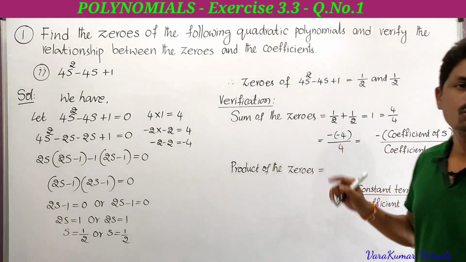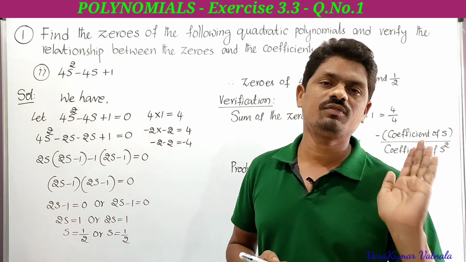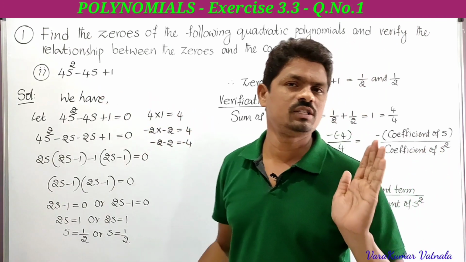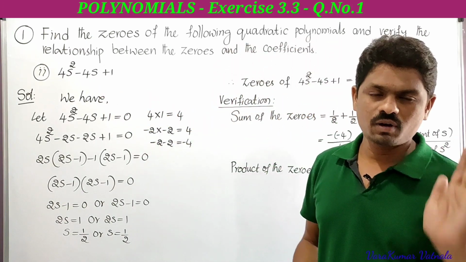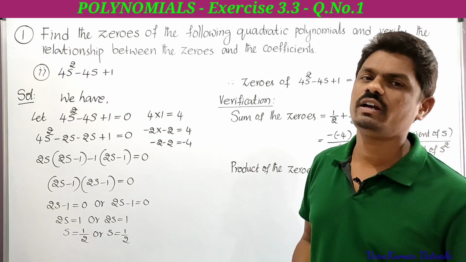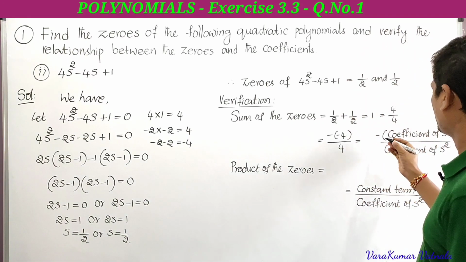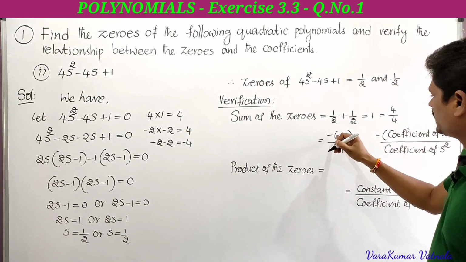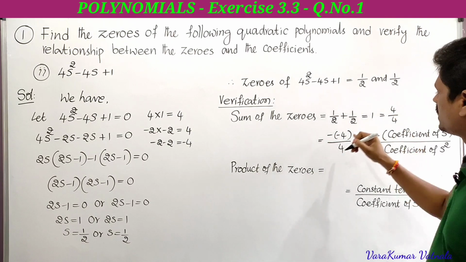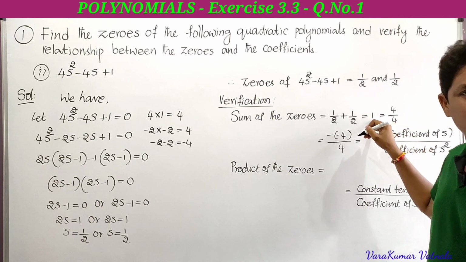So for the sum of the zeros, we have the sum of the zeros equal to minus of the coefficient of x divided by the coefficient of x square. But here the variable is s. We can write the sum of the zeros is equal to minus of the coefficient of s divided by the coefficient of s square. So for that I have written here minus of minus 4 divided by 4, minus into minus plus 4 by 4 we can cancel, again we get 1.